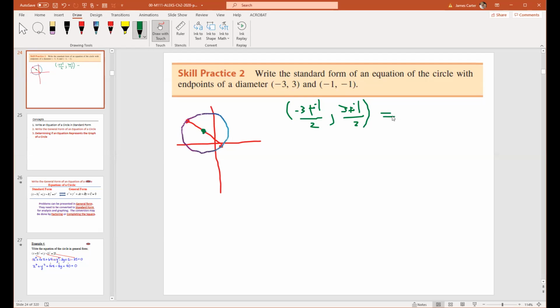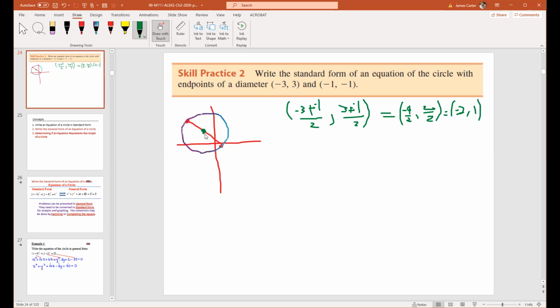So this simplified gives us the point -4 over 2 and 2 over 2, which finally gives us the point (-2, 1).